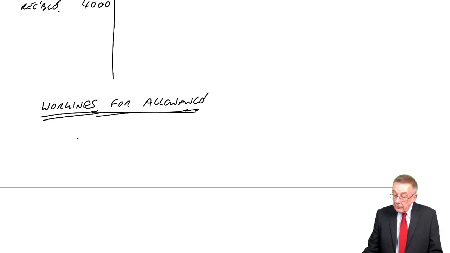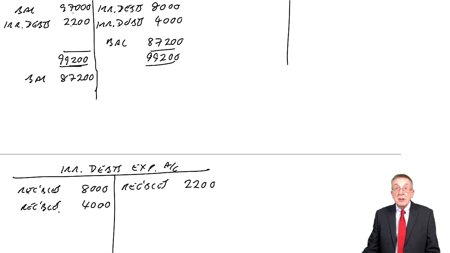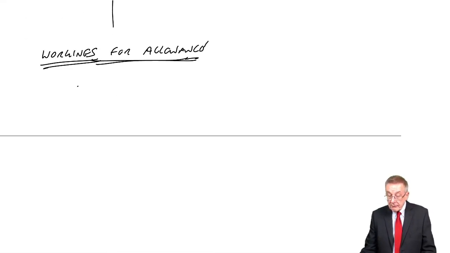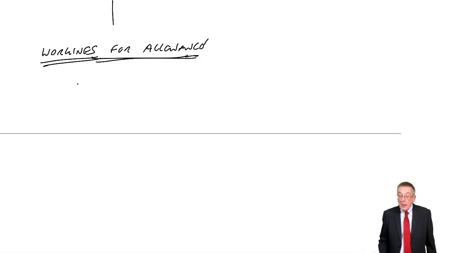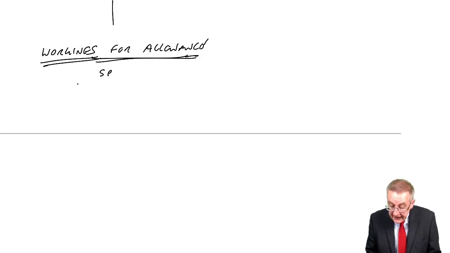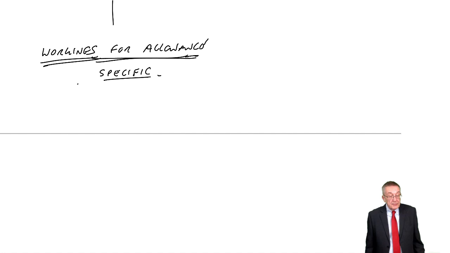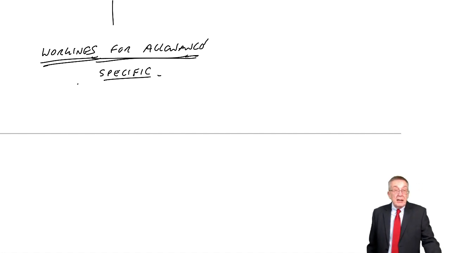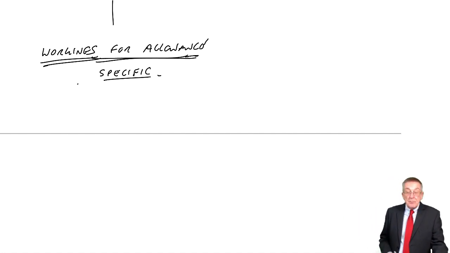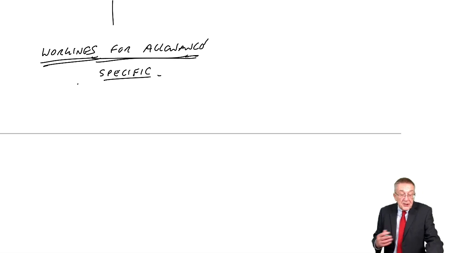And what we need to know, if the 87,200 were owed at the end of the year, how much is doubtful? Well, first of all, any specific allowance. Are any of those receivables specifically doubtful? Now remember, we dealt with A, forget him. B was doubtful, but he's certainly not anymore.